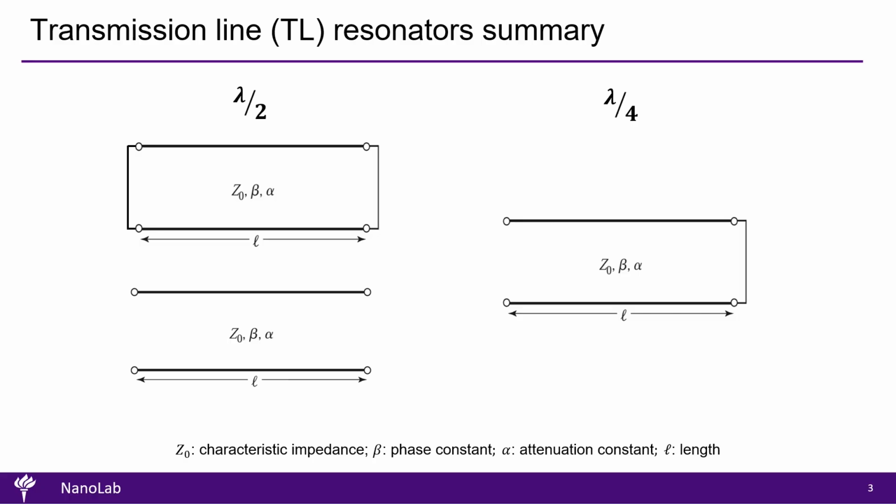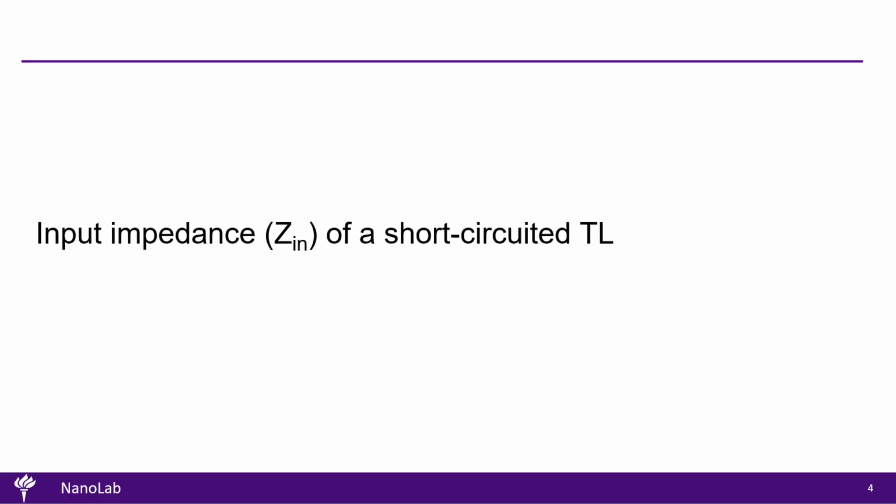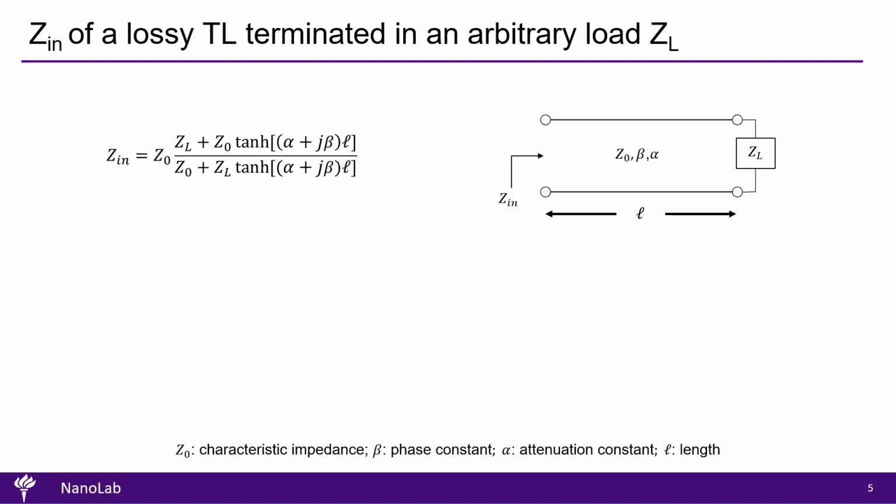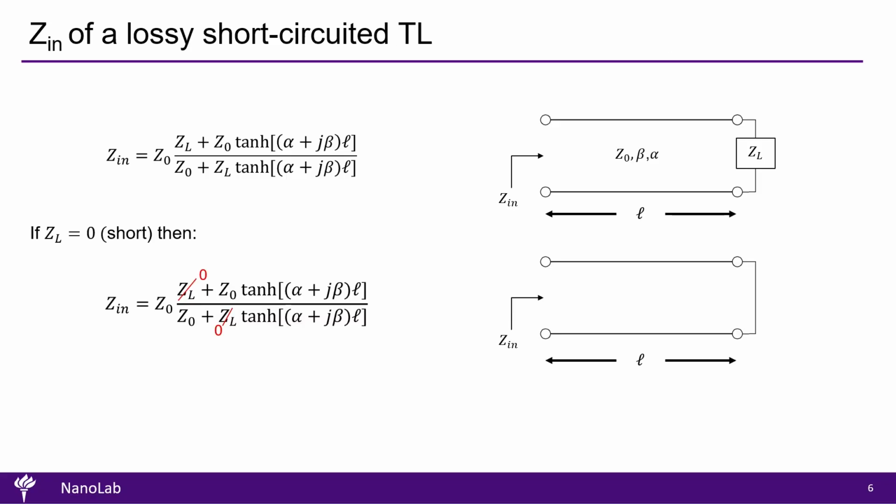We start this session by obtaining the input impedance of a transmission line terminated with a short to the reference. This is the general expression for the input impedance at a distance L from the load of a lossy transmission line terminated by an arbitrary load ZL. For a short-circuited line, ZL equals 0, which simplifies the expression to this single-line form.